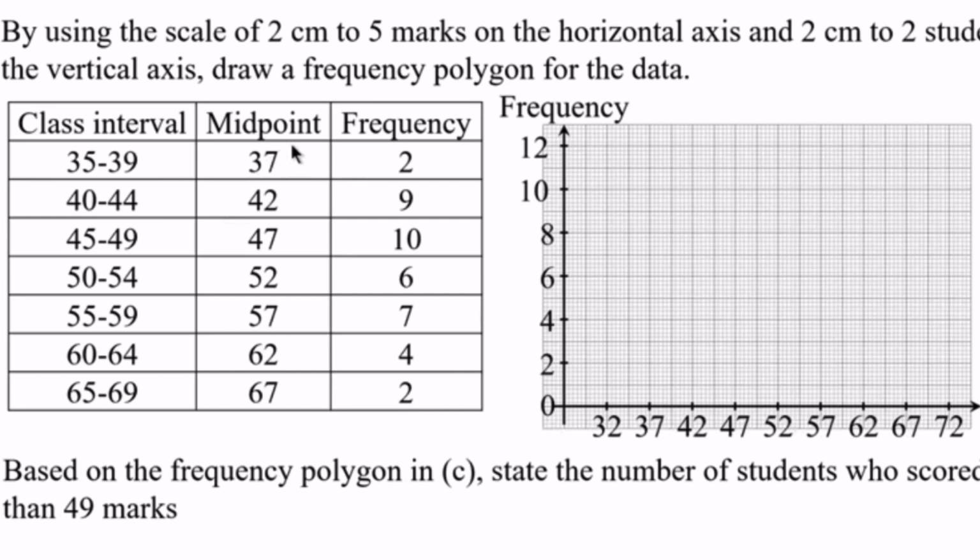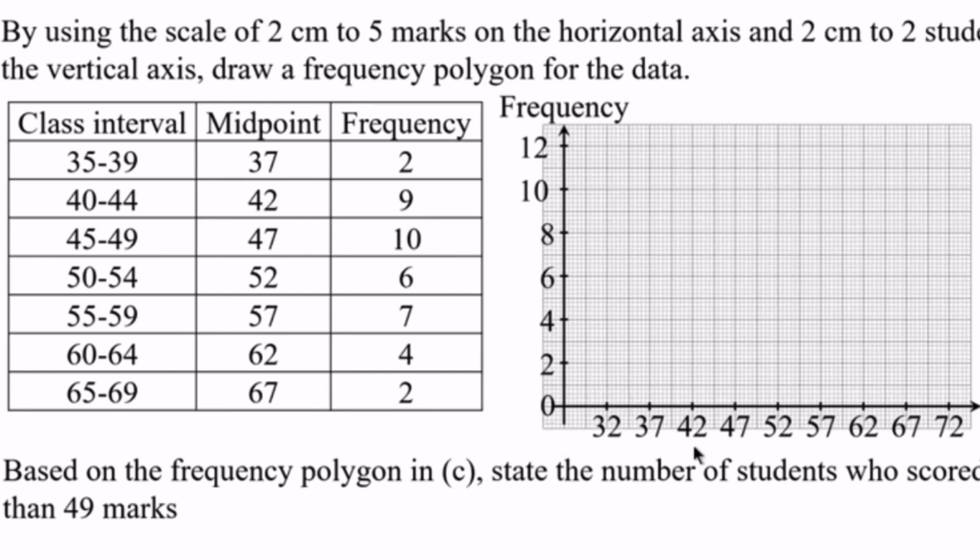But because 37 has frequency 2, we need to find a class interval which will give a frequency of 0. So let's try to work it out. For the first point, the midpoint is 37, and the frequency is 2.